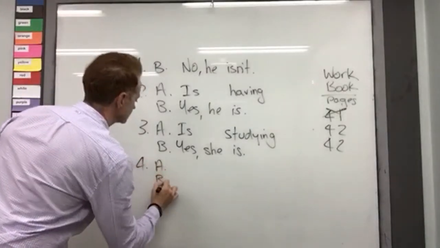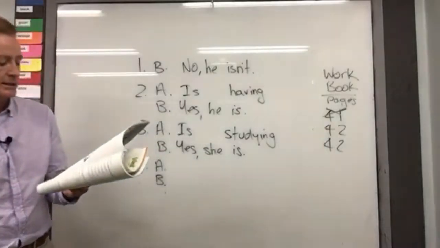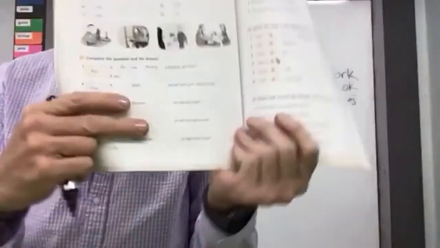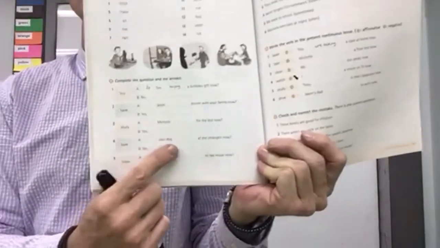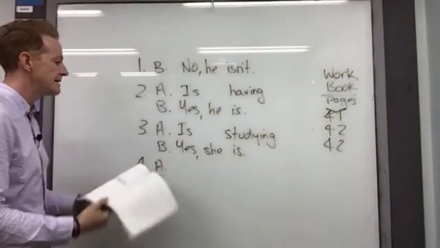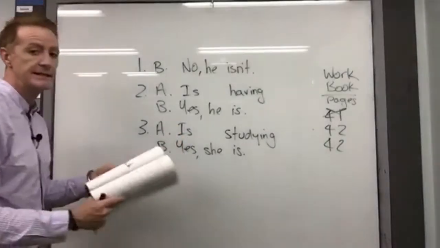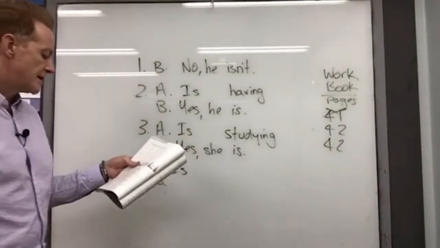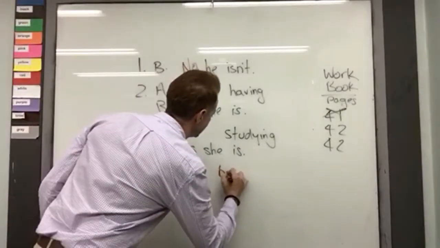4. For A, bark. So, the dog, one dog. So we only have one dog here, so it means we use is.